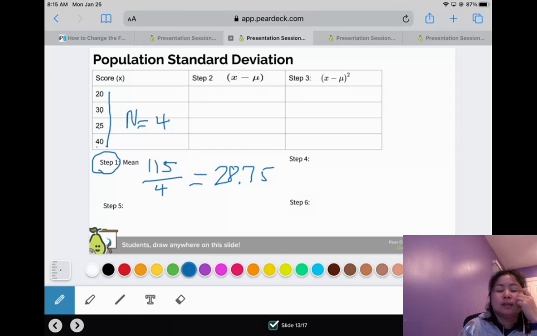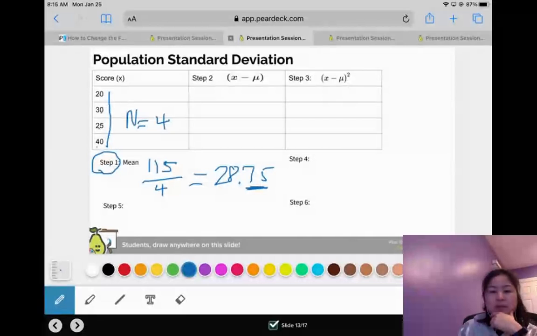I would like you to keep it to 2 decimal places. I will keep the 75. I'm not going to round it to 0.8. I'm not going to get rid of the 5. I keep those 2 decimal places.